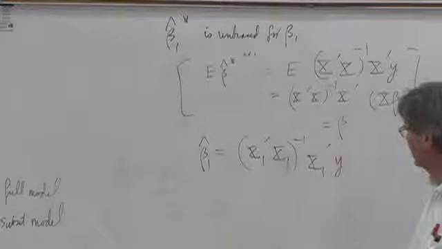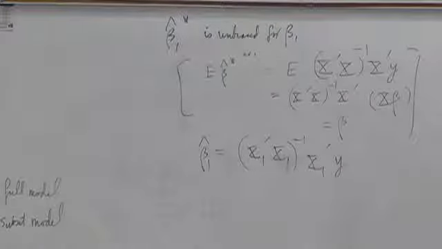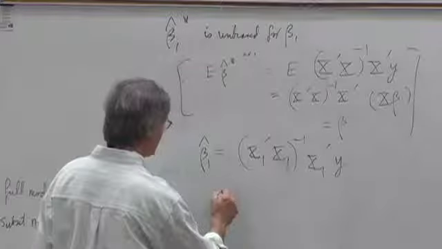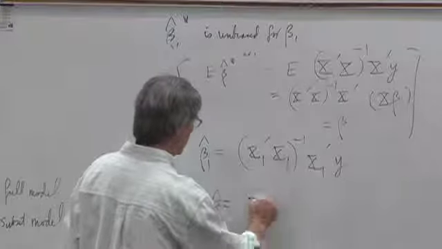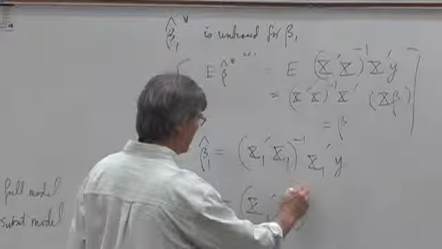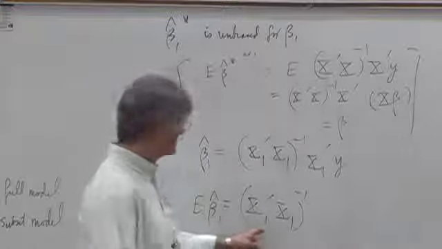So you get that bias term, and by partitioning we can actually show this. I'll just show it here. So then E beta 1 hat is equal to (X1 prime X1) inverse. This is a 1 by 1 matrix, a scalar in this case.